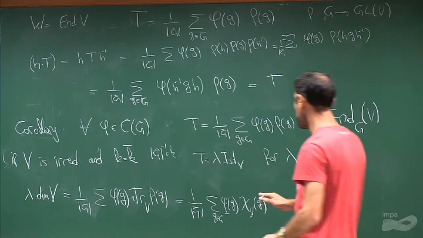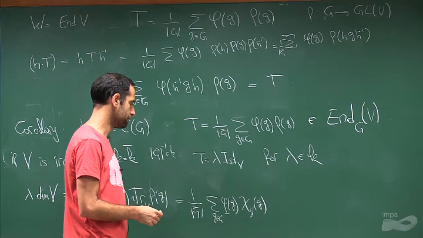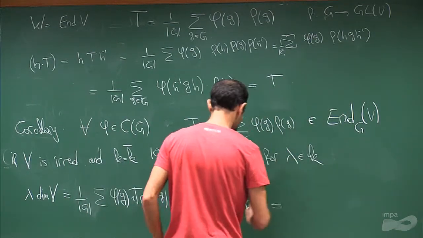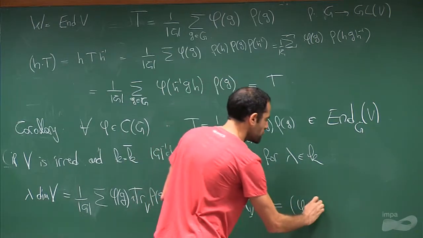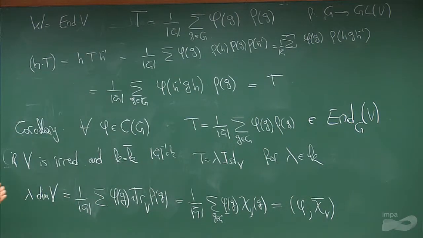So let me write this thing here as the inner product of phi with the complex conjugate of the character. And this is just lambda times the dimension of V.